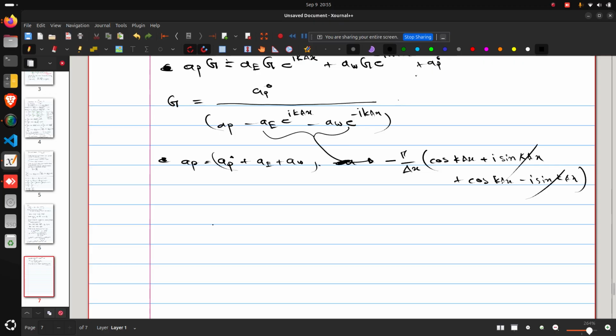These two will get cancelled. So finally we are left with AP naught, AP minus gamma by delta x times 2 cos k delta x.